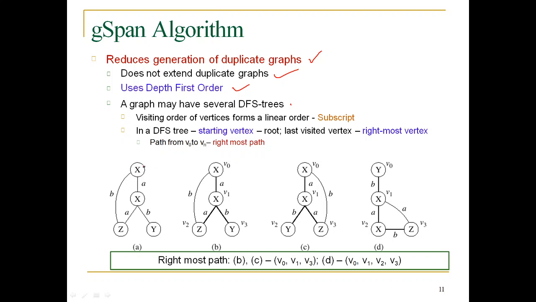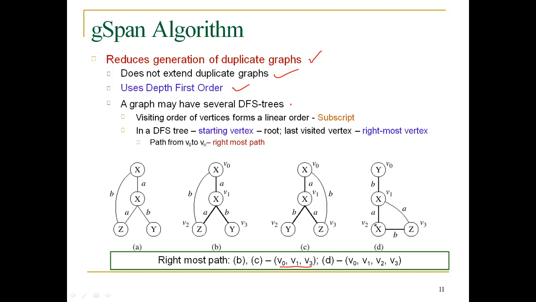So what it does is it takes only the rightmost values, and it will remove the values that are in the leftmost. So here you can see, whenever you take the values in the first graph, V0, V1, V3 will be your values, and in C you can take V0, V1, V3.